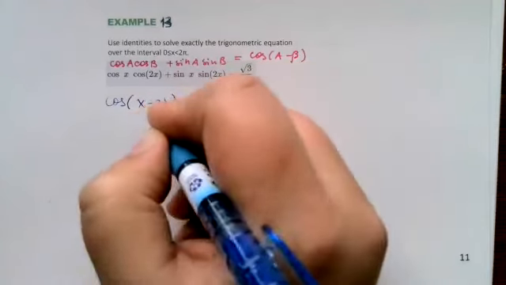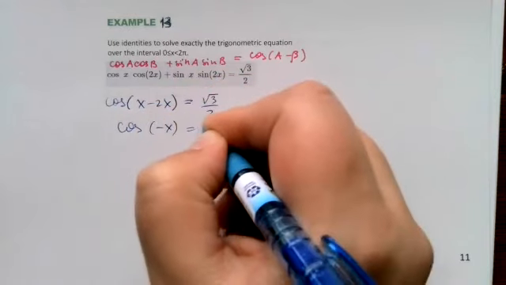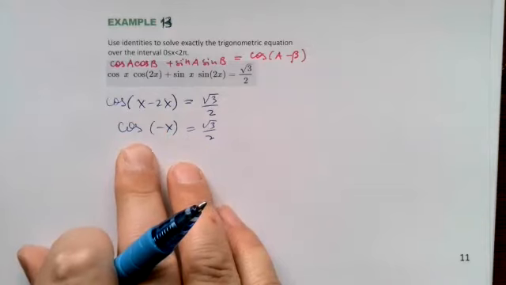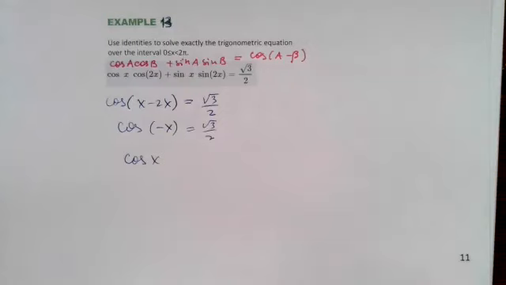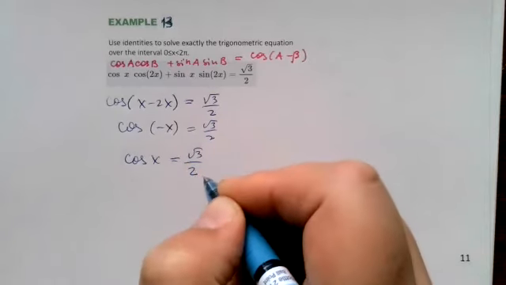That gives me cosine of negative x is square root of 3 over 2. And using the fact that cosine is an even function, cosine of negative x is the same as cosine x, and that equals square root of 3 over 2.